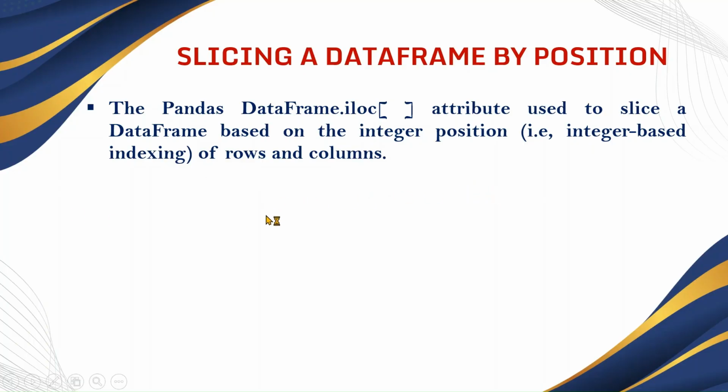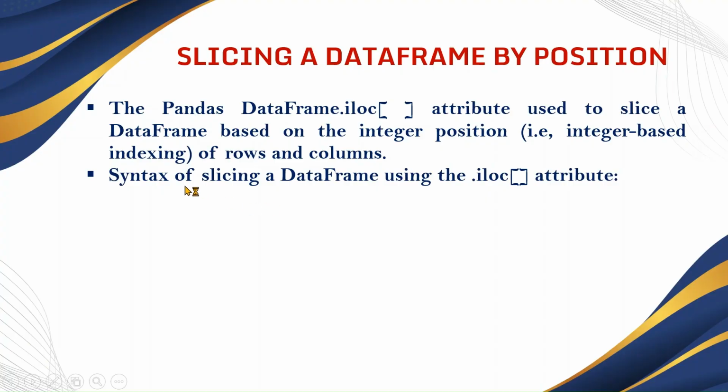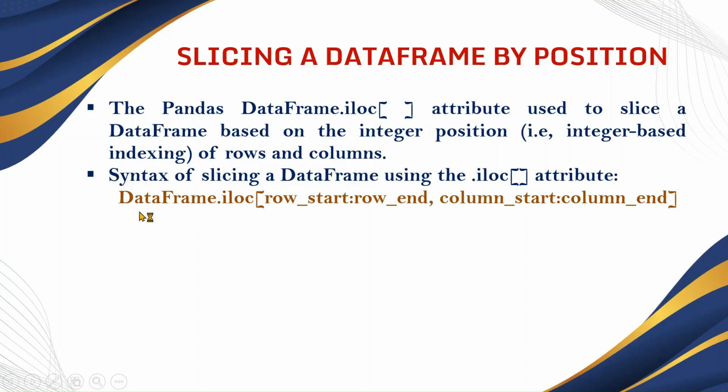Okay, so if you are extracting any row or any column or a combination of rows and columns based on index numbers, then you can go for this attribute. I'll show you an example of how to work with it. Then the syntax, as you can see, is the syntax of slicing a data frame using the .iloc attribute. Here we need to take the data frame reference, like we write import pandas as pd and df equal to, we create a data frame based on a dictionary also.